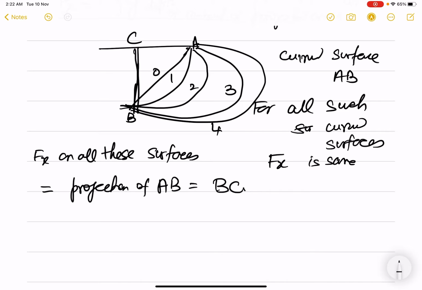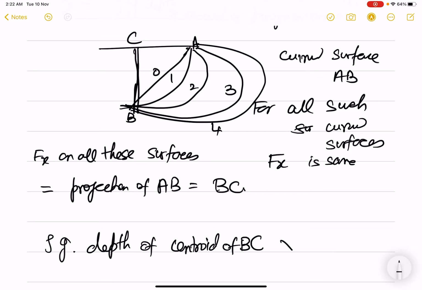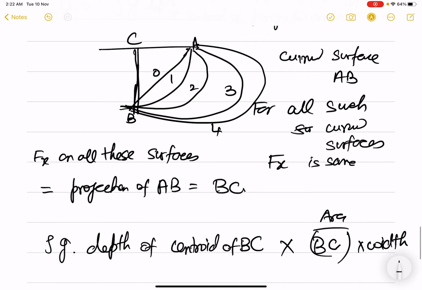Then you find rho G times depth of centroid of BC multiplied by BC, and if this is a rectangular area, then this will be BC multiplied by the width, or you just take the projected area and this will be equal to Fx.